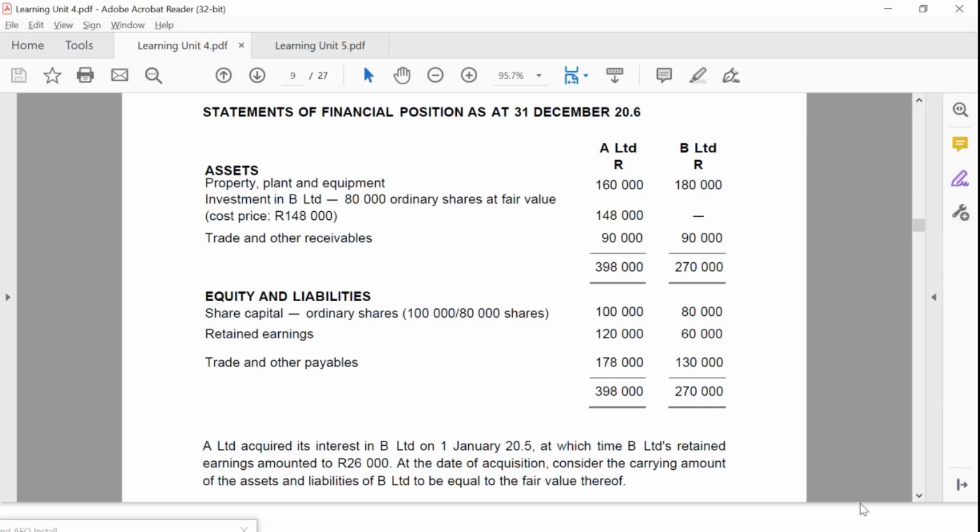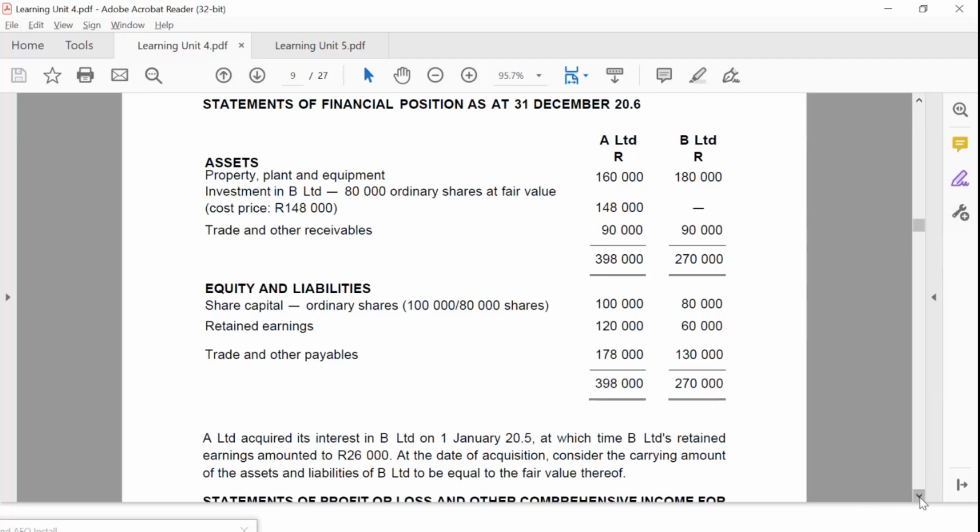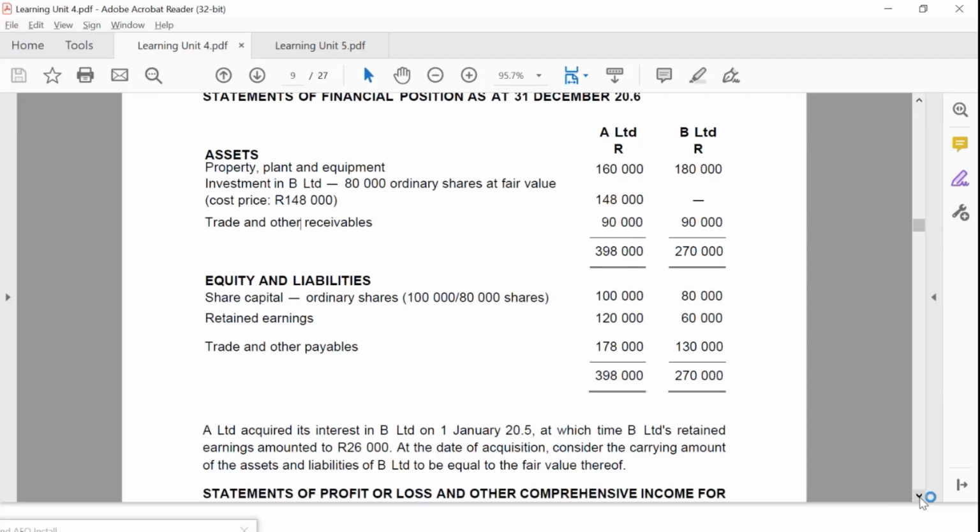Good. So they tell us that on that date, 1 January 20x5, when A acquired B, the retained earnings was 26,000. We take the retained earnings and the share capital at the date of acquisition. So you buy into the net asset value at the date of acquisition, not any other date.